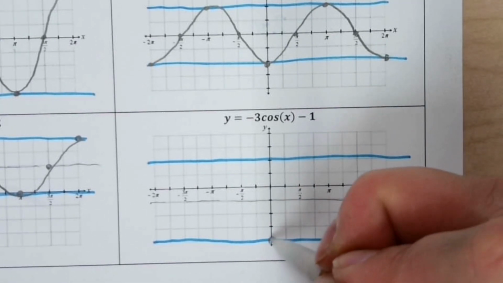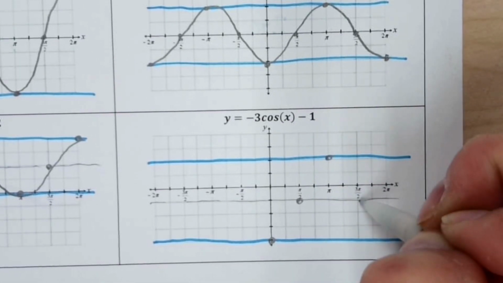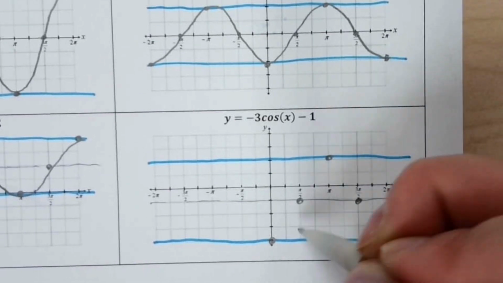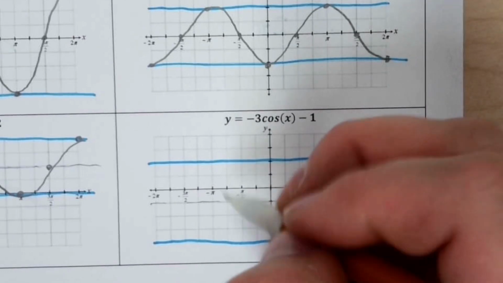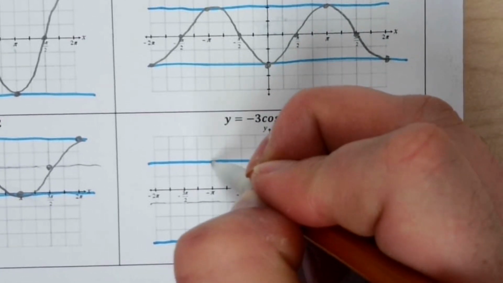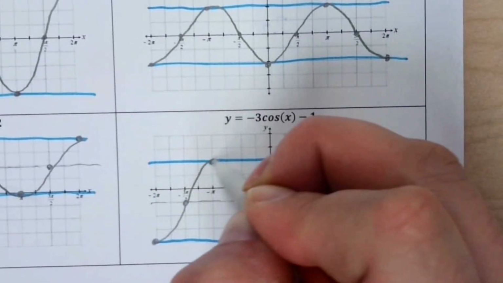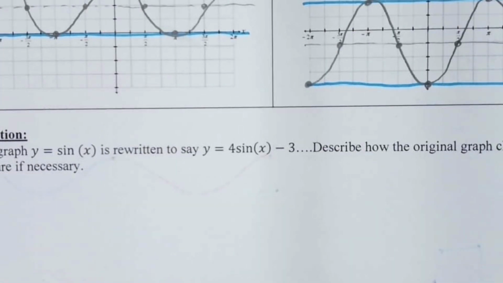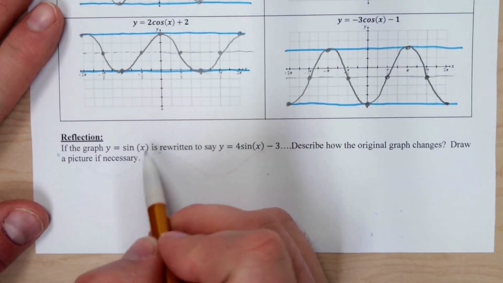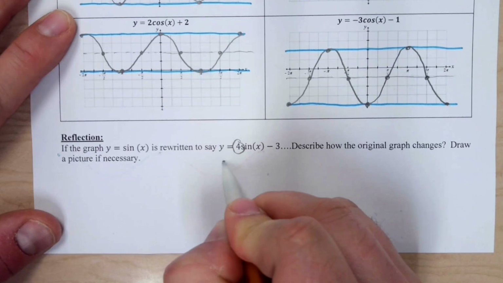So there, 0, up, 0, down, and back, 0, up, 0, down. There you have it.